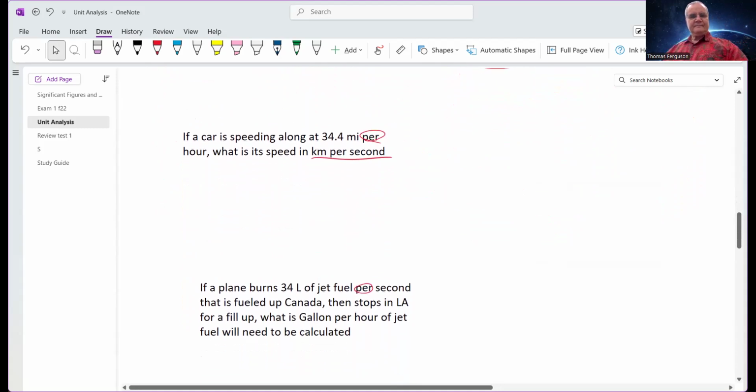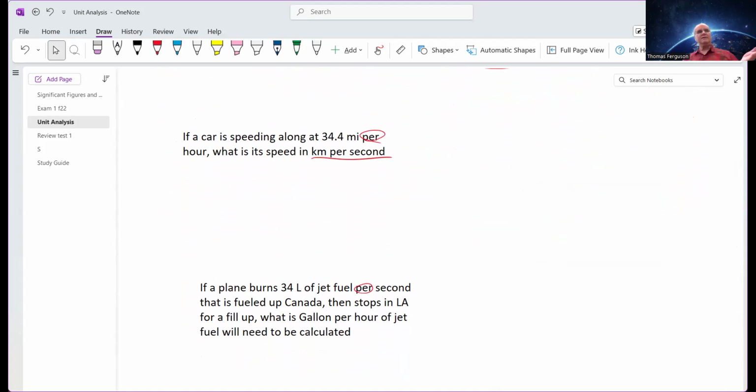All right. Now remember I said, if the given is a fraction, what you're trying to calculate has to be a fraction then. You go fraction to fraction, meter to meter, square whatever to square whatever, cubic to cubic. So what you calculate and what you're starting with have to be the same. What is the given in this problem? 34.4 miles per hour. Remember what I said: per means automatic fraction. That means you're starting with a fraction.